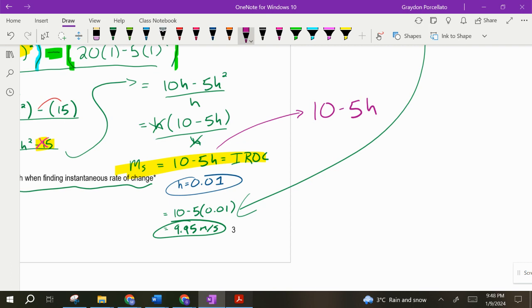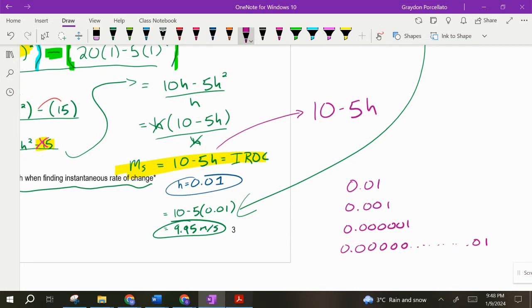Remember, we're choosing h values that are really small, 0.01, for example. As h gets smaller and smaller, it's going to become closer and closer to 0. For example, h could be 0.01, h could be 0.001, h could be 0.00001, and I could keep writing zeros forever and ever. That number is getting closer and closer to 0.